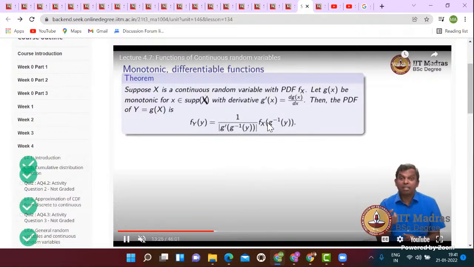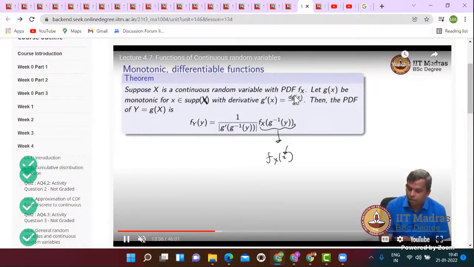So what we are doing is, the PDF of x has been given and g dash of x is defined. g of x is simply the new function that has been defined, right? y is equal to g of x. Okay, so we have to check whether the derivative of g x is possible or not, and that the function is monotonic. g x should be monotonic.